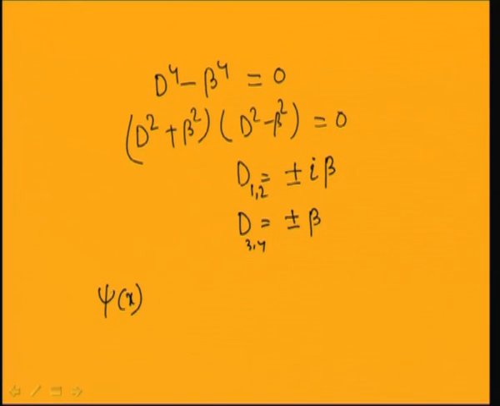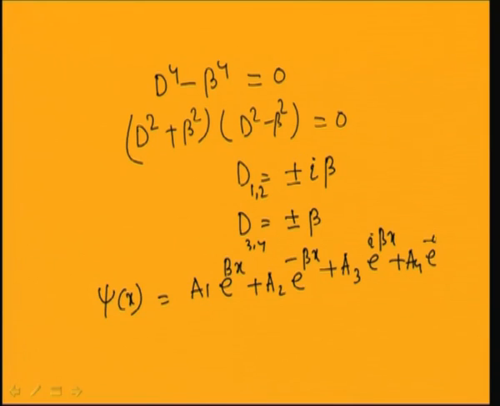The psi x can be written as a1 e to the power beta x plus a2 e to the power minus beta x plus a3 e to the power i beta x plus a4 e to the power minus i beta x.